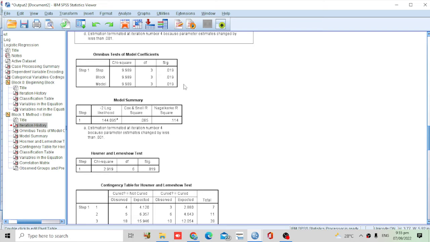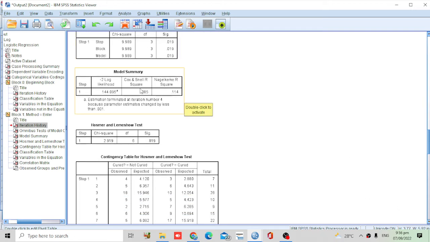So what does this mean? This means that our final model is adequate, it has an improvement over our model, because the deviation between the baseline and the final model is significant.